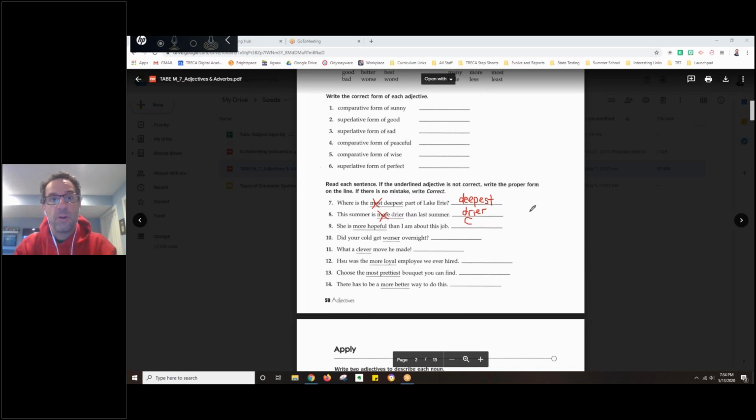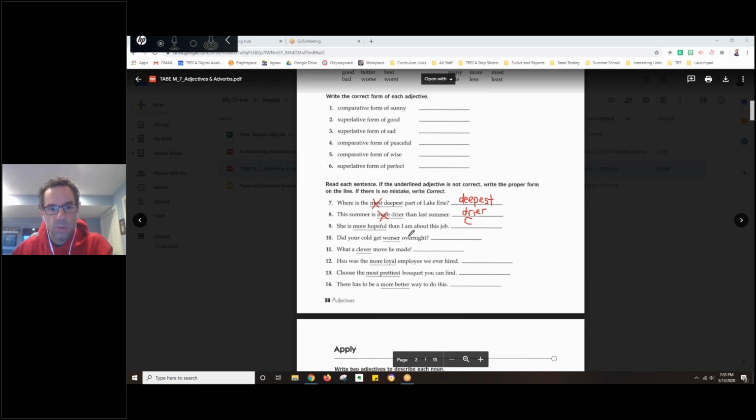So the first thing you have to do is decide, is it branching off to comparative or is it branching off to superlative? You need to know that. If you pick the wrong branch of the river, you're not going to get it right. So the more you practice these, you'll start to see, okay, this is comparative or this is superlative. You'll get used to it.